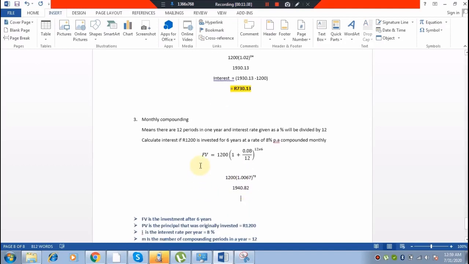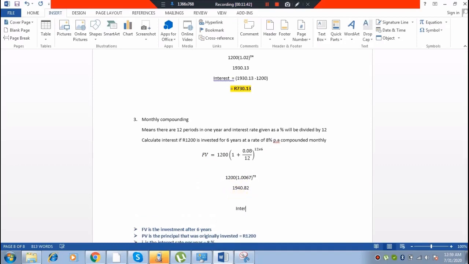Remember guys, this is the FV. What we want is interest, which equals 1940.82 minus 1,200, how much we invested.